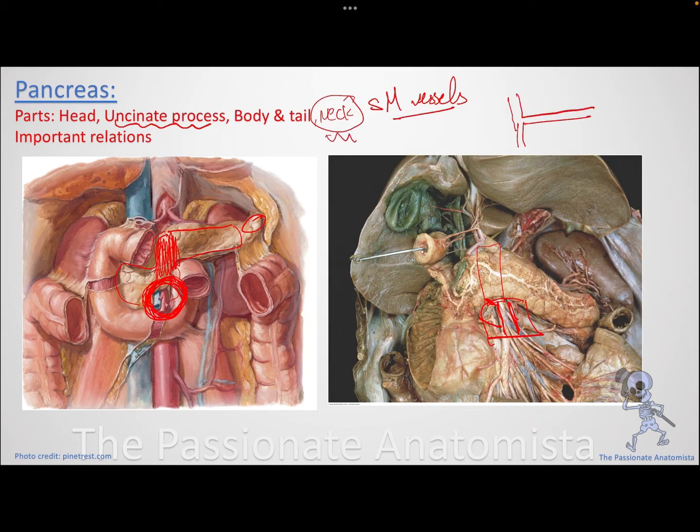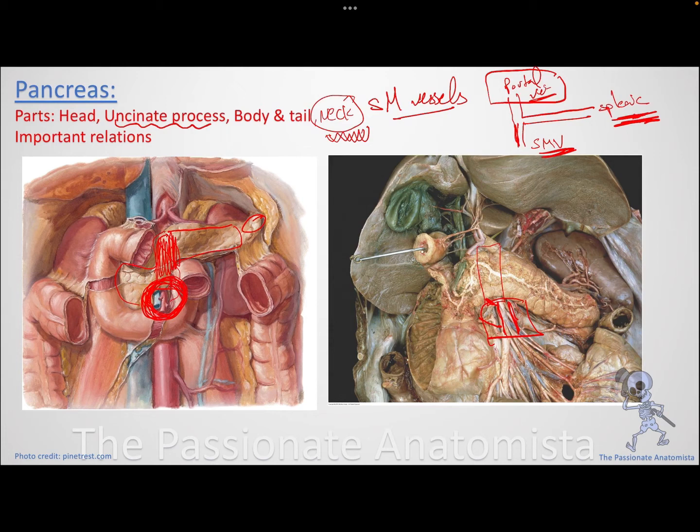So remember that behind the neck of the pancreas is the formation of the portal vein, which is formed by the union of the splenic vein and superior mesenteric vein. So the uncinate process shows the SM vessels, SMA and SMV, superior mesenteric artery and vein. However, the neck of the pancreas posteriorly shows the formation of the portal vein, formed by the union of the superior mesenteric vein and the splenic vein.